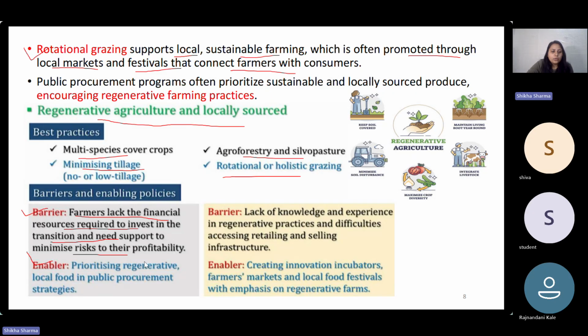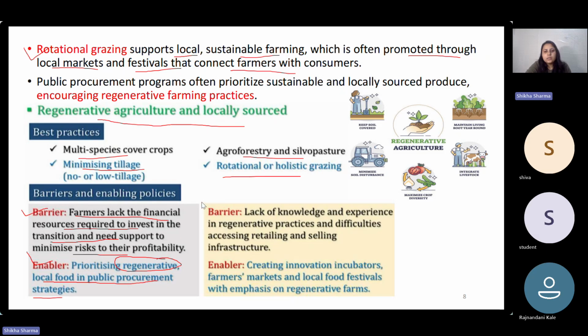And for that, the enabler is that the farmers can use the regenerative practices and local food in public procurement strategy. So farmers can, instead of completely shifting to organic agriculture practices, go to the regenerative practices.